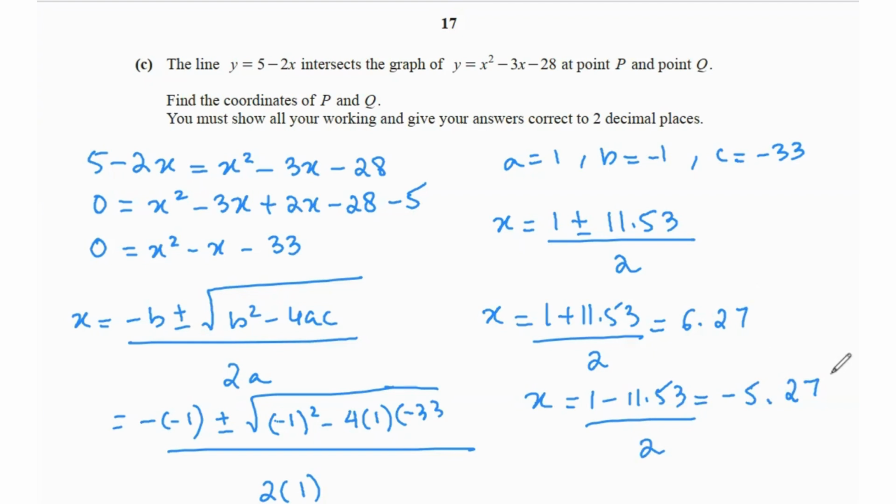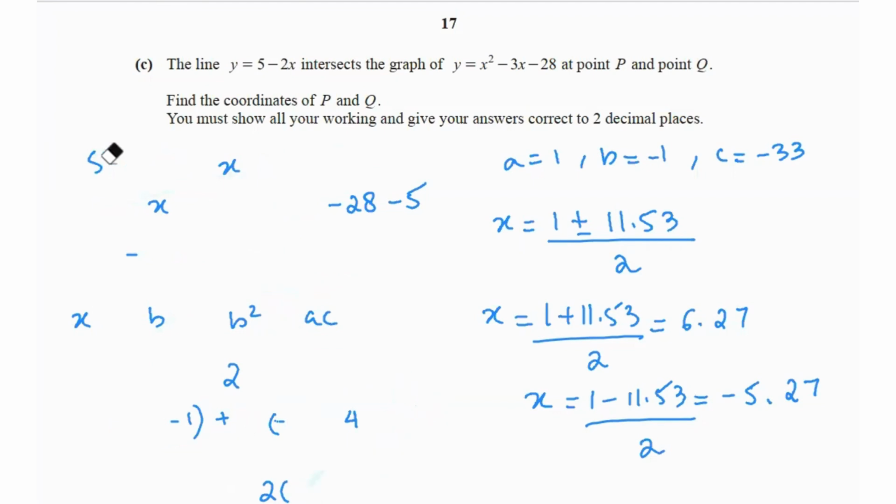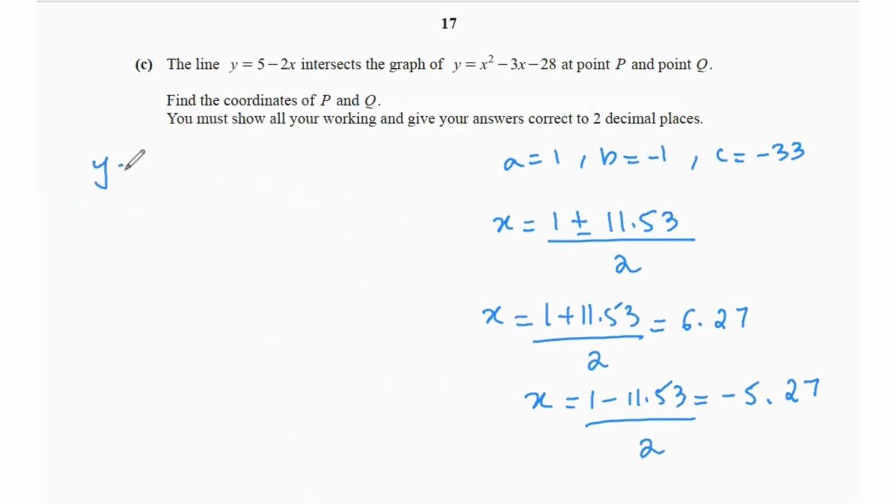They want the coordinates of P and Q, so we substitute these back into the equations. I'm going to pick the line equation because that's going to be easier to solve. So y equals 5 minus 2 times 6.27, and that is giving us negative 7.54.